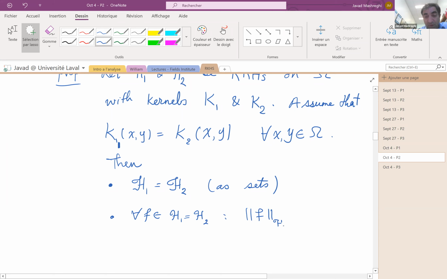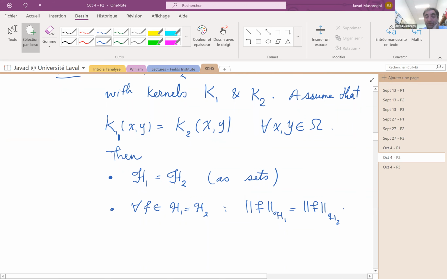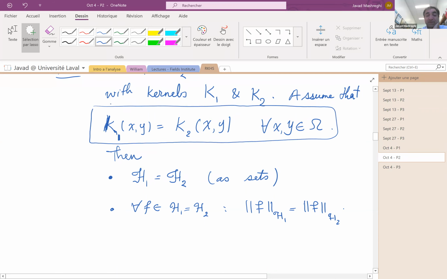The norm of F in H1 is equal to the norm of F in H2. Of course, the other way around is trivial. If H1 is equal to H2 and you have an isometry, then kernels are equal. But the message here is that if the kernels coincide, you have the same thing.